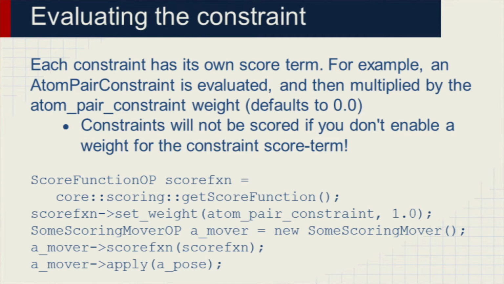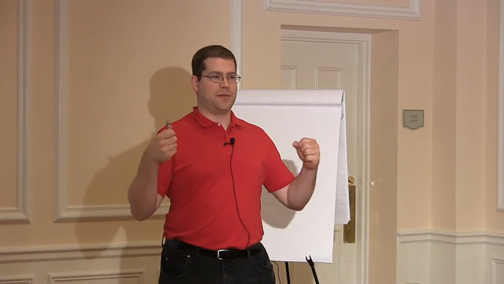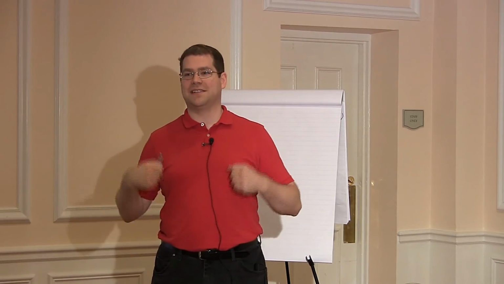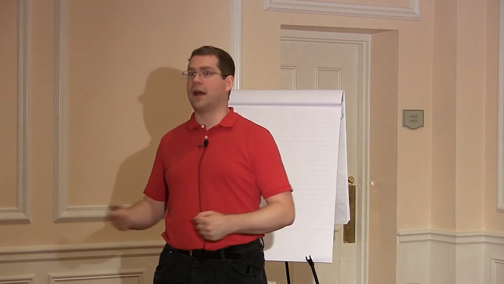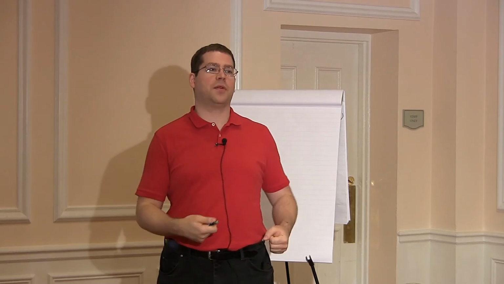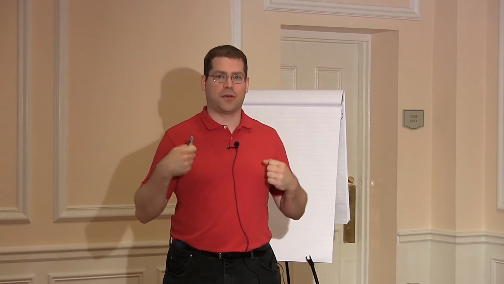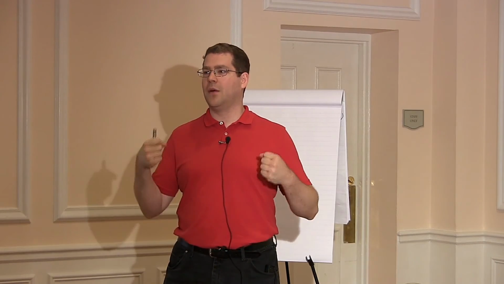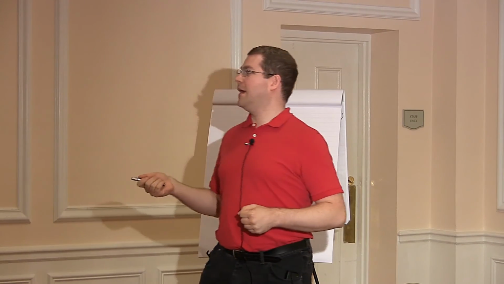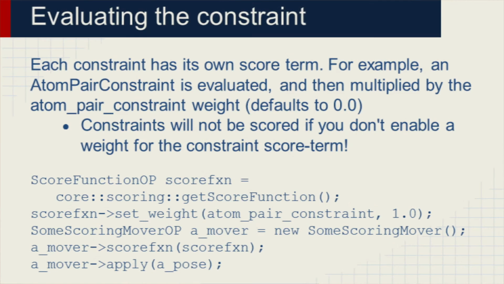And as I mentioned before, I'm repeating this over and over again because it's something that's very commonly forgotten, and you run your protocols and then you're really curious as to why they aren't working. If you add constraints, you have to remember to turn the constraint weight for that particular constraint on.